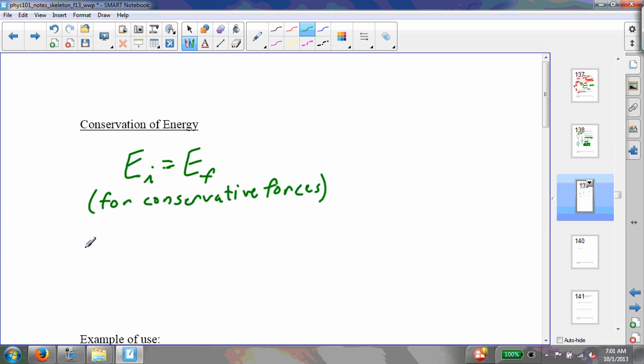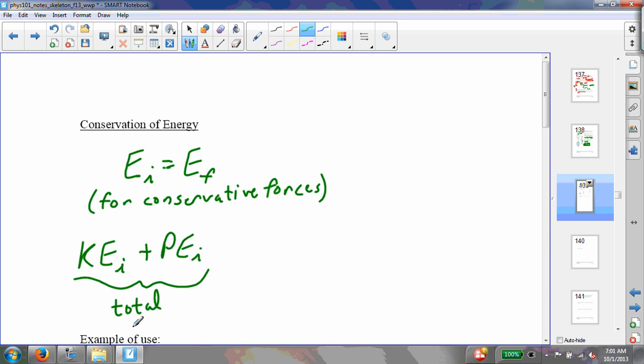And then we can extend this, we can say that the kinetic energy initial plus the potential energy initial, assuming that these two make up the total energy of an object, that is, the energy that it has associated with motion and the energy that it has associated with the potential for motion, the sum of those is equal to the kinetic energy final plus the potential energy final.